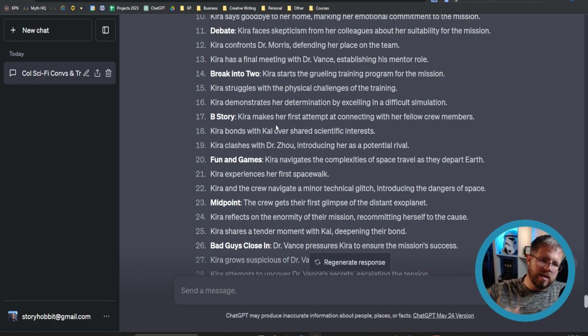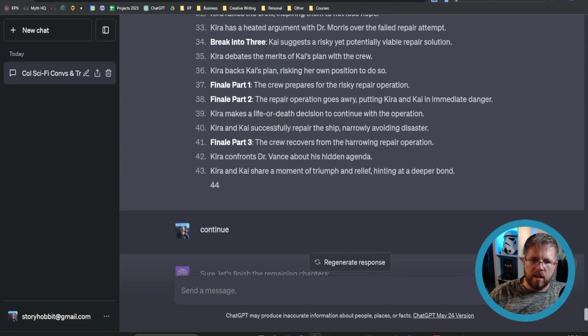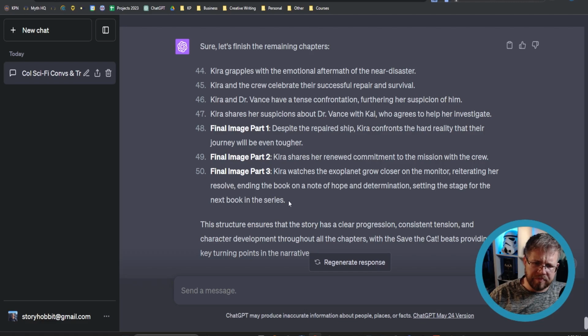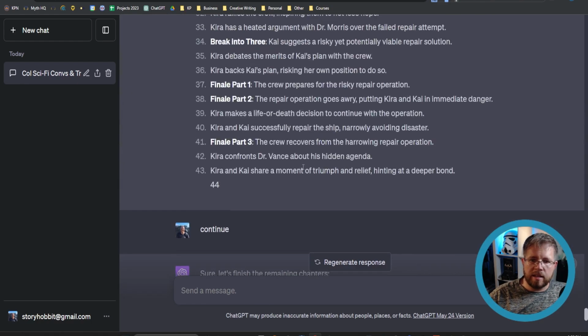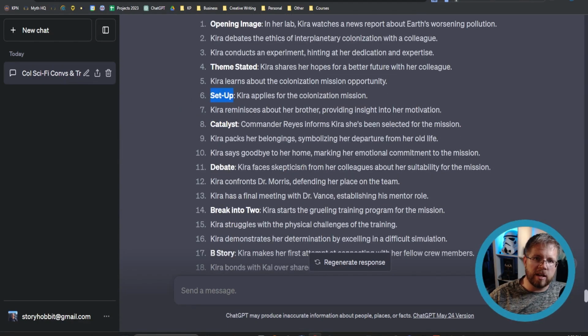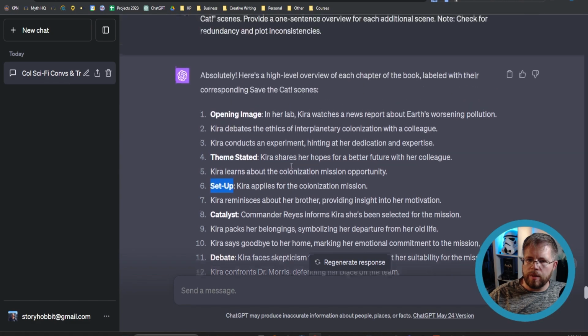But each one does actually appear to work as its own individual scene. And we've got eventually 50 scenes here, or chapters, depending on how you do things. If you do one scene per chapter, this is 50 chapters. And it actually looks pretty good, and this would be a good jumping off point to really flesh out each scene to make it work.